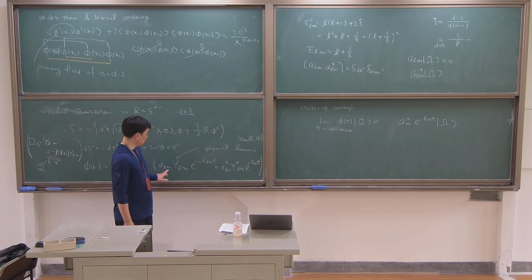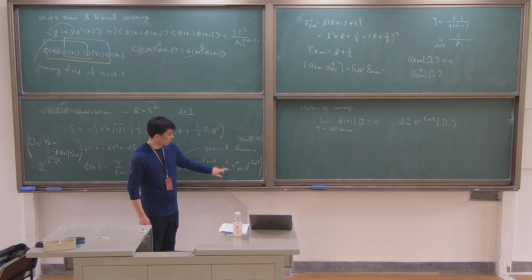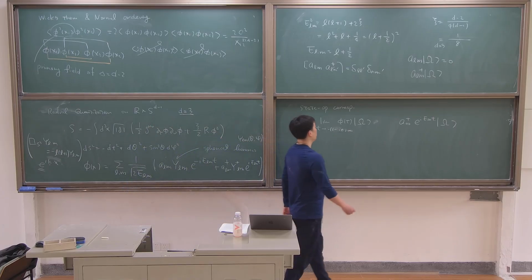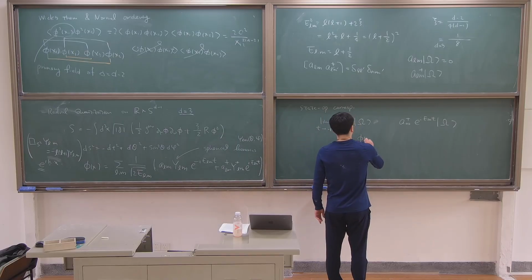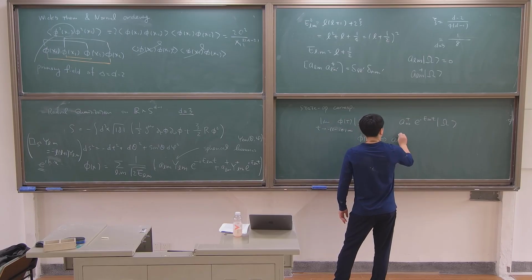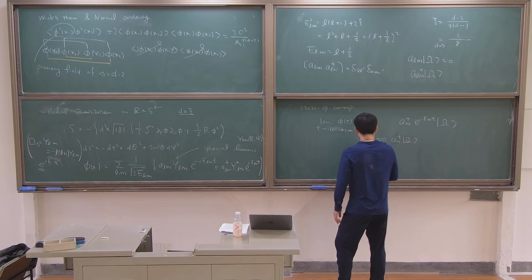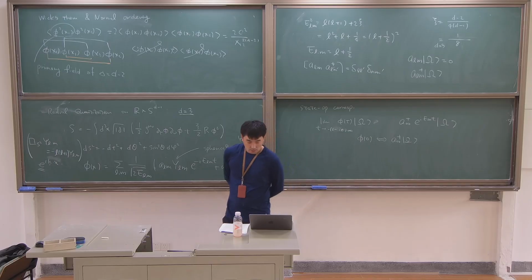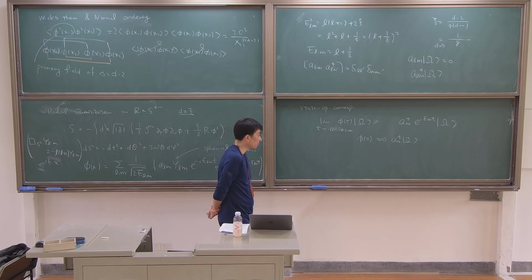The lowest mode is 0, 0. Sorry, so it's the creation operator 0, 0. So you only pick this one. Therefore, the state operator correspondence corresponds to a_00 dagger. That's the state operator correspondence.